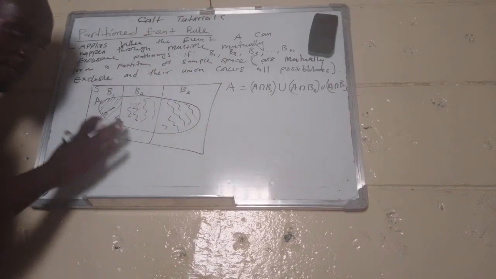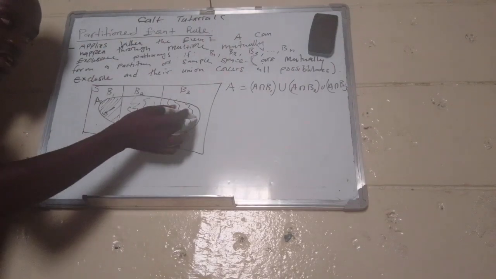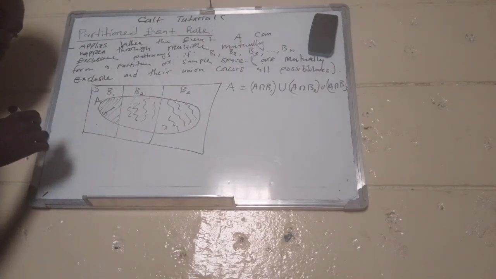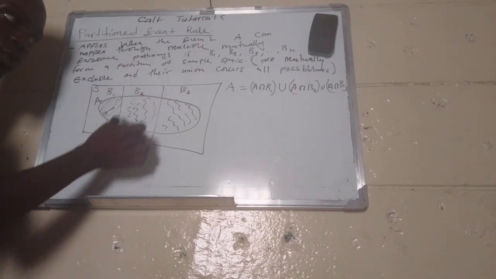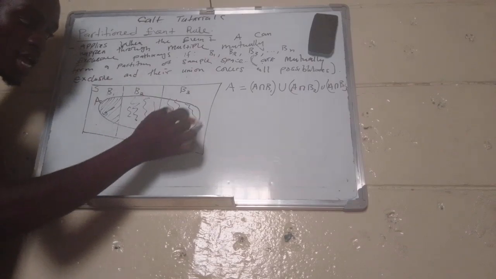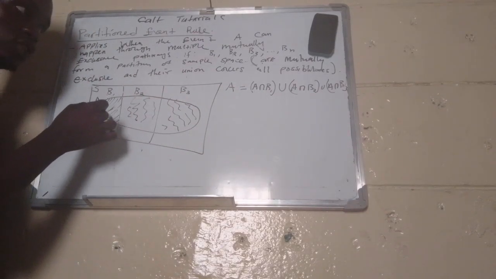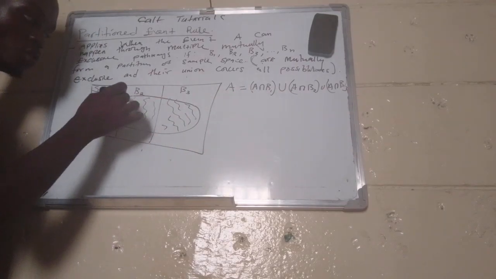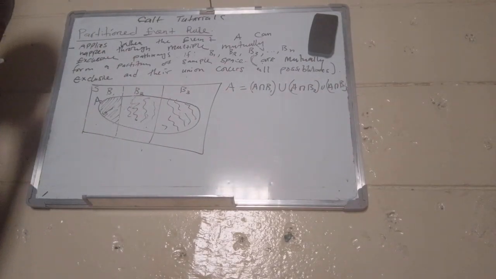But in this sample space, there is an event A. Event A can happen in B1, in B2, or in B3. That is why the whole A is made up of A intersection B1, which is this part, union A intersection B2, which is this part, union A intersection B3, which is this part.